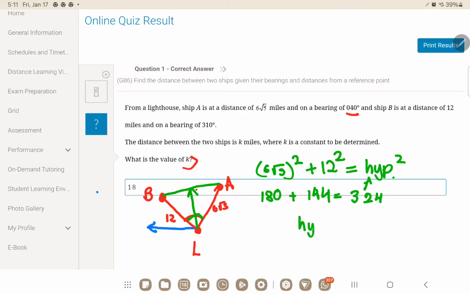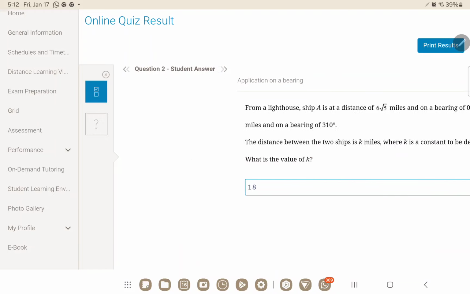So hypotenuse squared equals 324. So hypotenuse equals radical 324, which is equal to 18. And that is the length of K. And that's your first question. Now let's move on to the second.